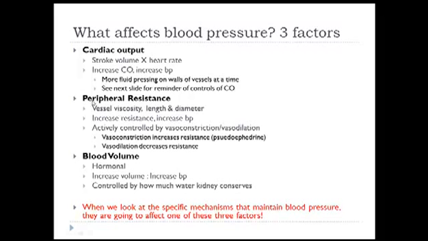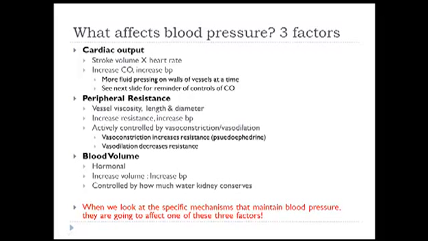Our next one will be peripheral resistance. So we said that can be the viscosity of the blood, the length of the blood vessel, or the diameter of the blood vessel. Looking back to our last lecture, we spoke of vasoconstriction, which is right here, and vasodilation, which is right here. So when you constrict or you contract a muscle, that muscle is going to shorten its length.